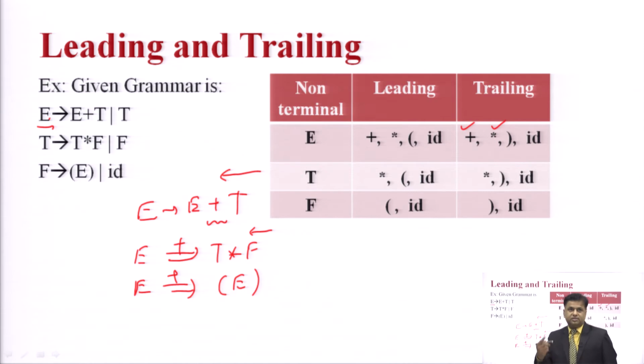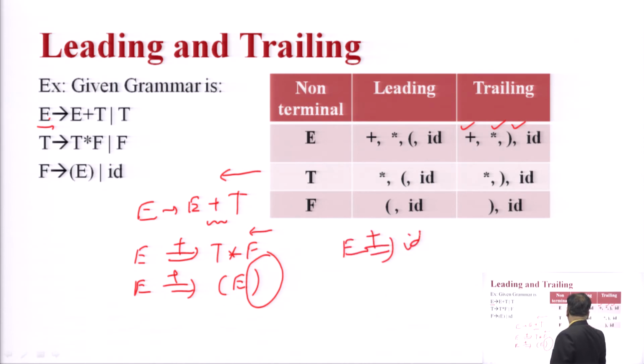So, what is the first terminal symbol from the back? So, it is the closing bracket. So, closing bracket is in the trailing of E, and next is F drives ID, that means E drives ID. So, what is the last terminal symbol from the back, that is the ID itself. So, all these four symbols will be in the set of trailing of E.